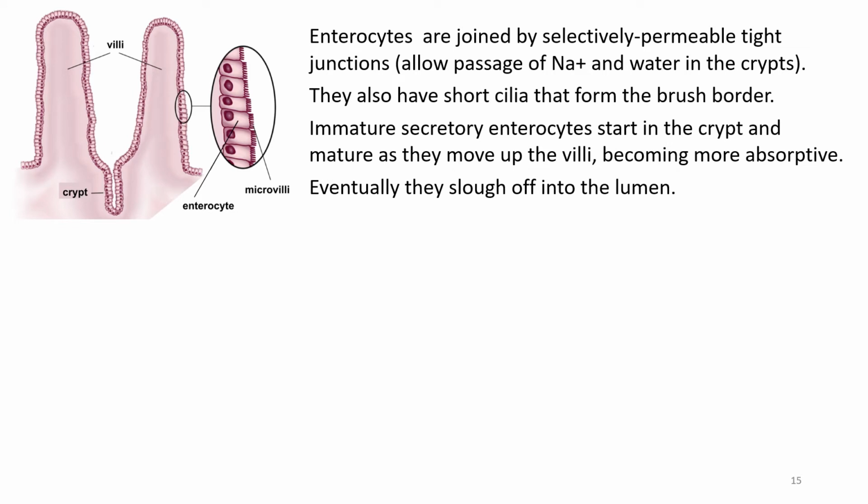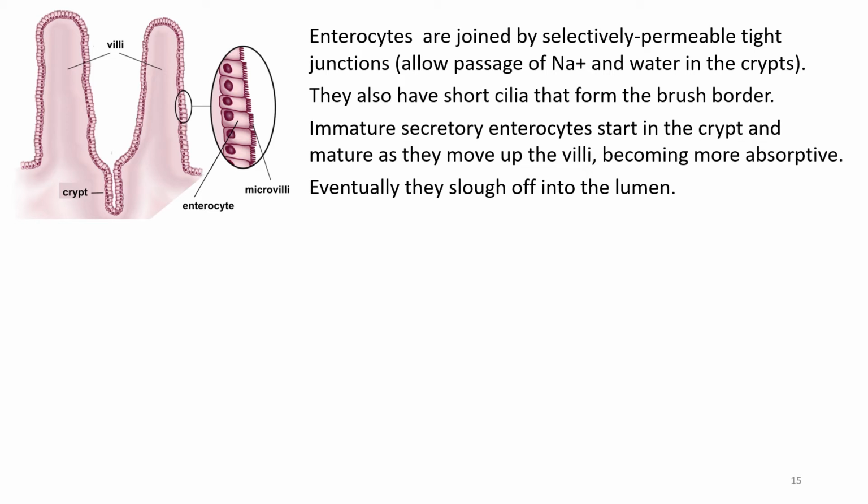And we've got the same situation really as we had with the epidermis. The enterocytes in the crypts are the immature ones, like the ones at the basal layer of the epithelium. These are immature in the crypts, but they're also secretory.